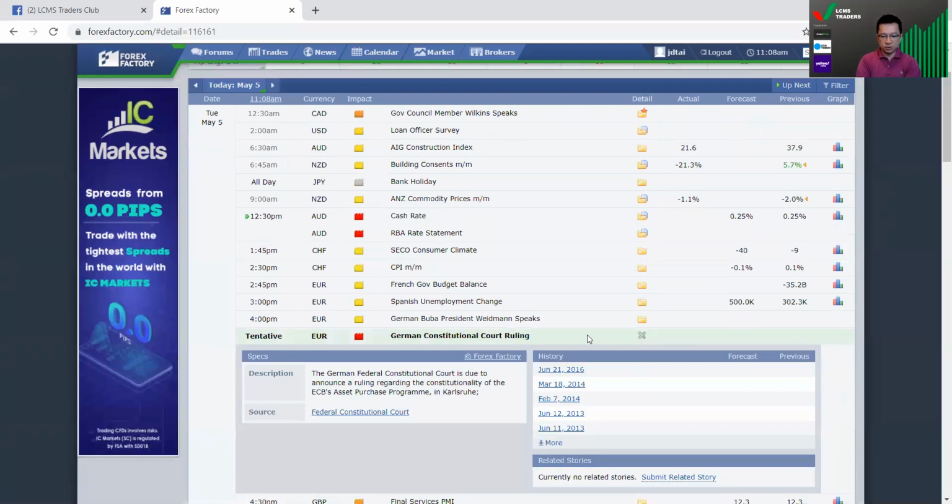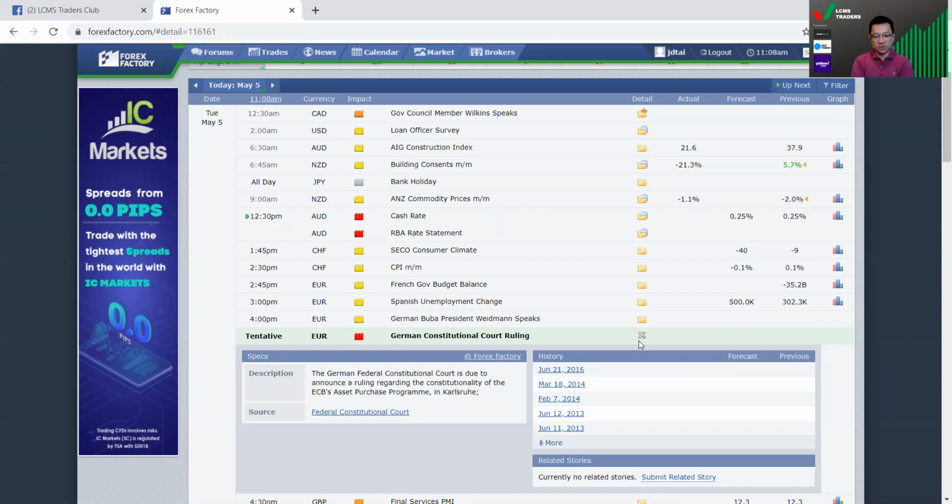Today, this just seems to have come up. There's a German Constitutional Court ruling. They're ruling about the ECB's asset purchase program, right? So that could impact the Euro US, because the asset purchase program is a tool for QE, where they plan to buy more assets back, hence pushing money into the market, increasing supply of the euro, therefore possibly a drop in value of the euro.